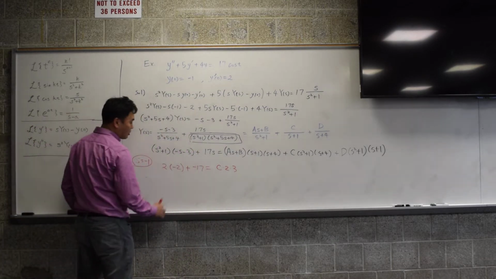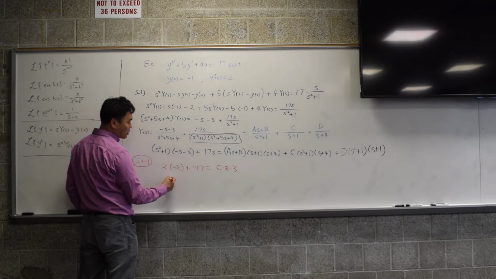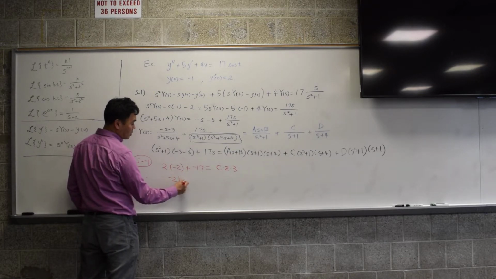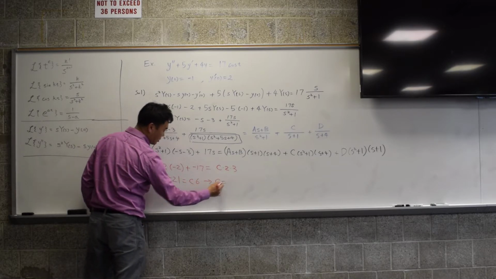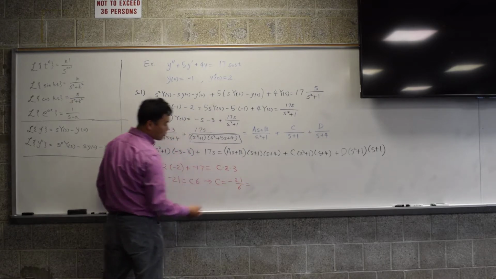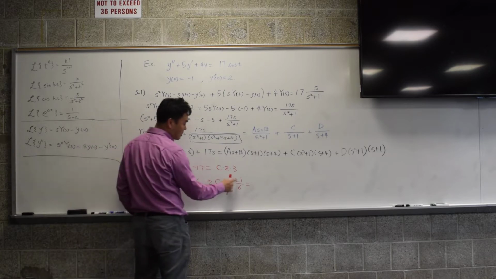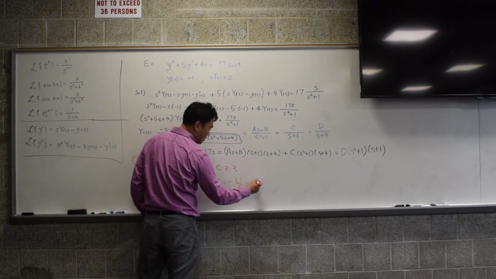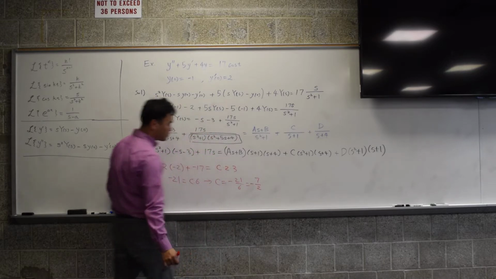What's that? That's negative 4 minus 17, negative 21, equals c times 6. So c is negative 21 over 6. And you can reduce this because top and bottom are both divisible by 3. If I divide top and bottom by 3, you get negative 7 over 2.